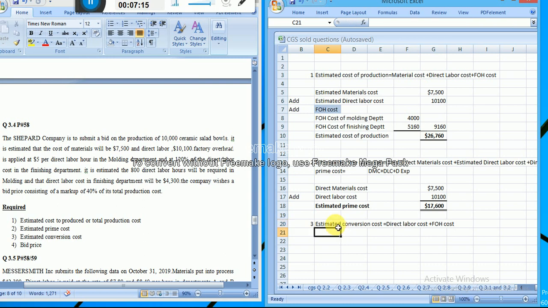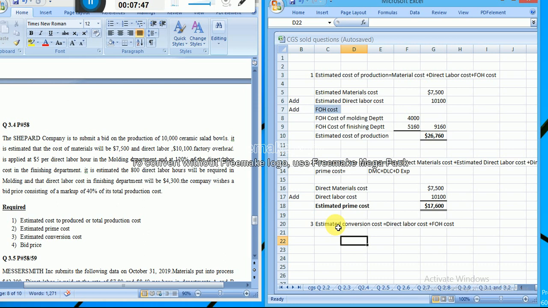This is called conversion cost. Conversion cost is such a cost which converts raw materials to finished goods. Simply, conversion costs are those costs which are used to convert raw materials to finished goods.